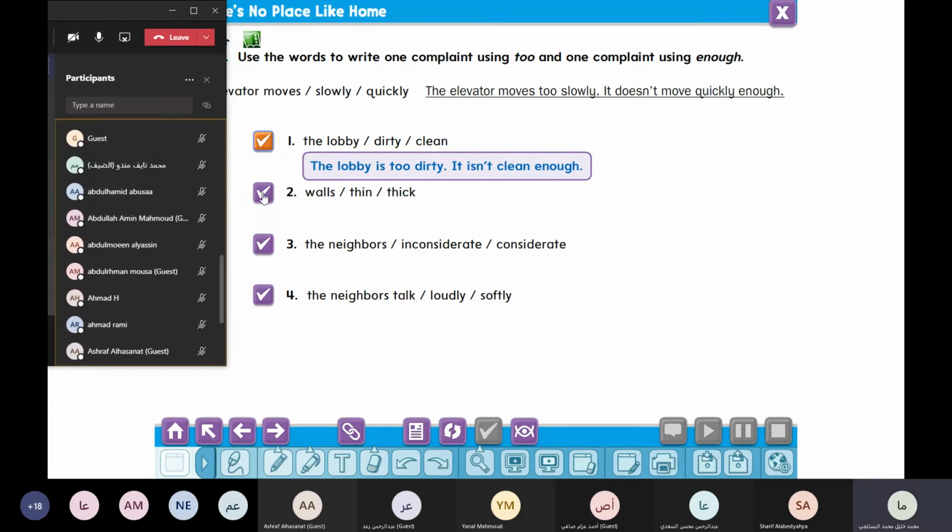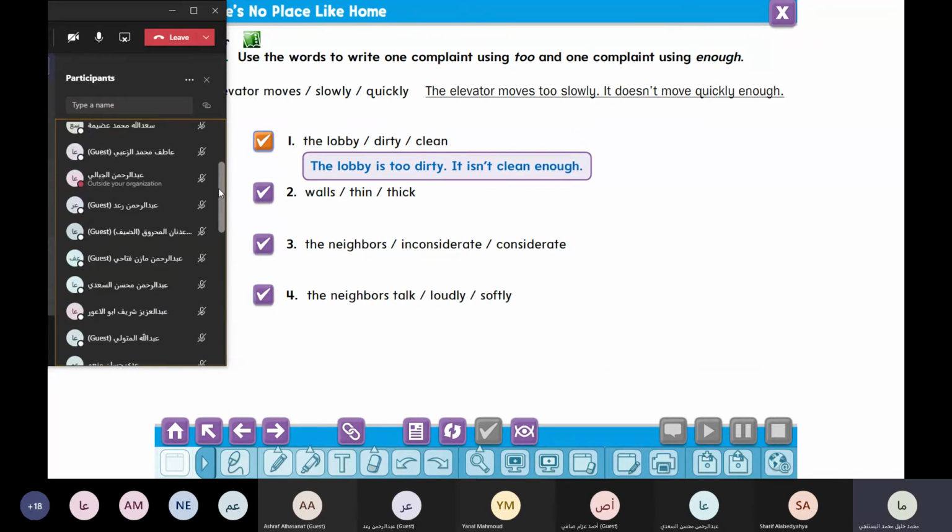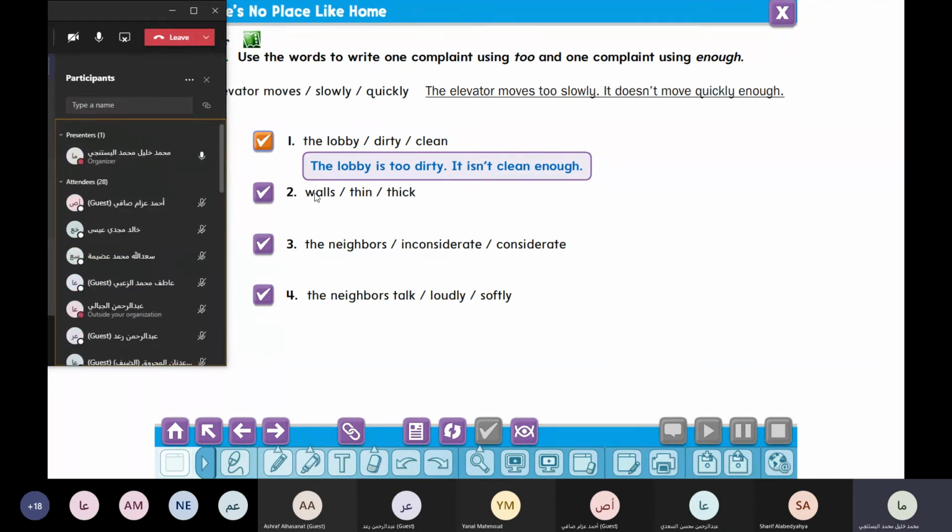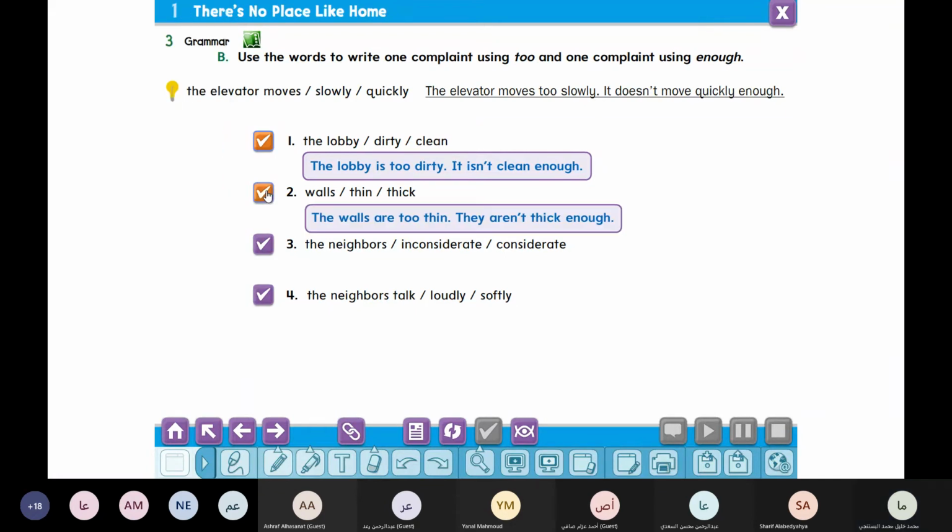The walls are what? Too thin. The walls are too thin. They are not what? Thick enough.